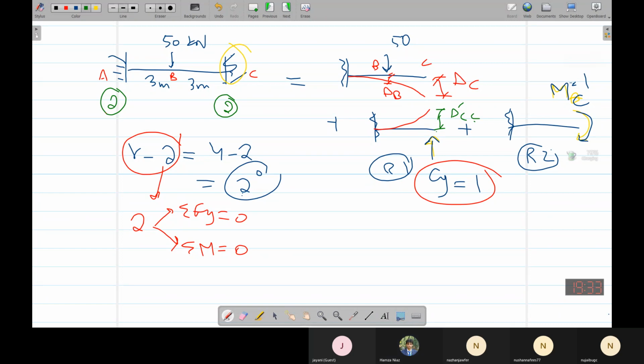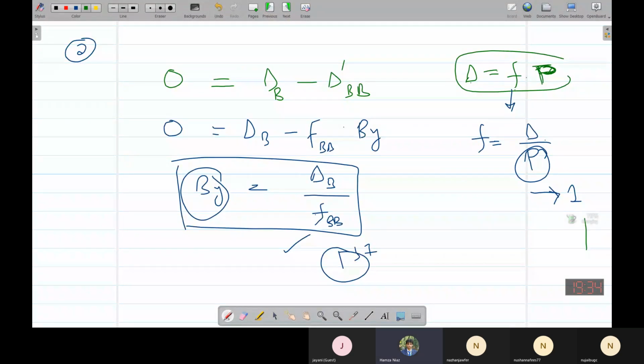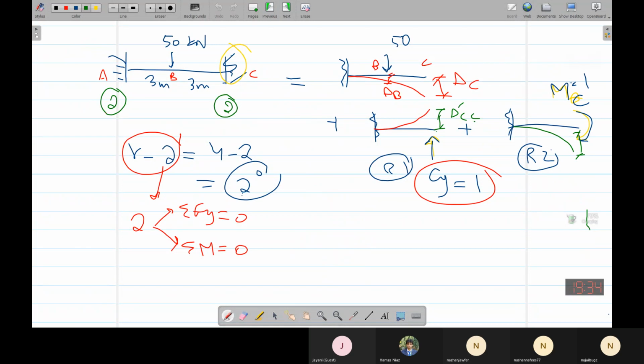And here, this movement is rotating this beam in the clockwise direction, so it will deflect again downwards. We can call this delta dash C alpha.